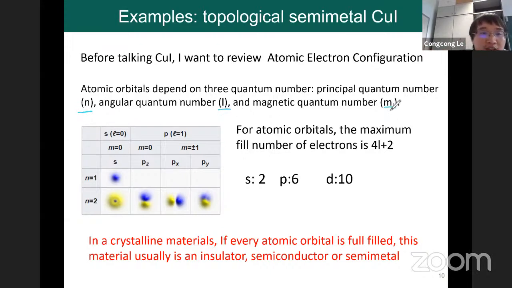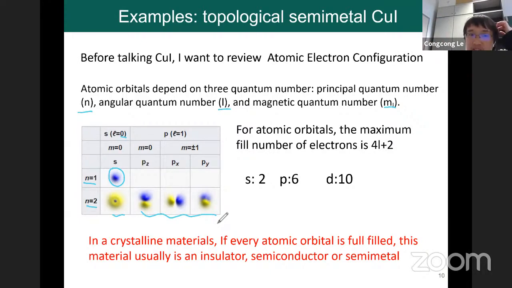So like this table, if n equals 1, there is only the s orbital because L equals 0. If n equals 2, L can equal 0 and 1, so there is an s orbital and three p orbitals.